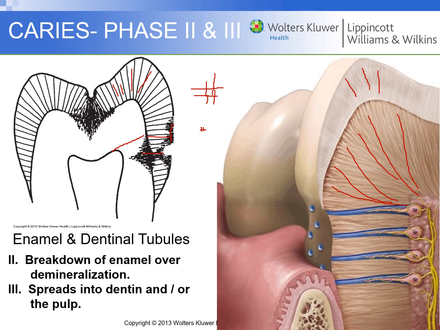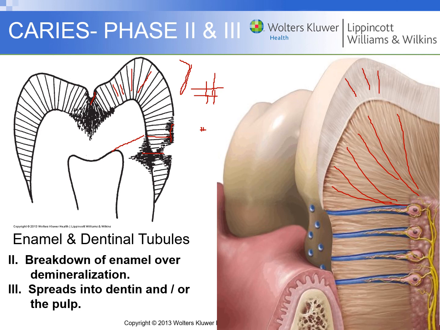The other thing that I want to point out here is that in the pits and fissures of the occlusal part of a molar or premolar, it can look perfectly fine all the way up here, and then there can be this little pit. This pit could be really long and really skinny like this, and sometimes stain will get in there, and that's why you can't get it out. It's so deep.